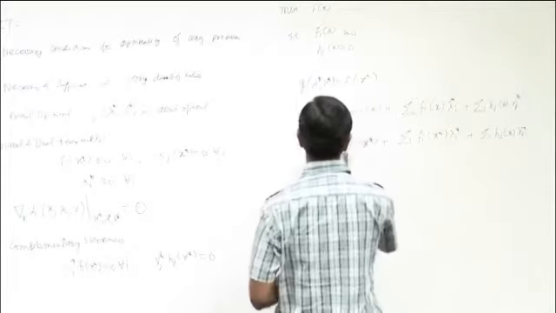So this f(x star) cancels, and this says that this quantity is positive. Now, since x star is a primal feasible solution, this is 0.